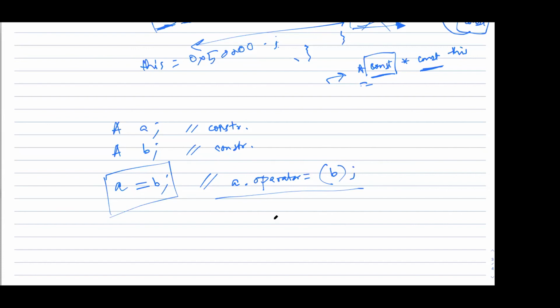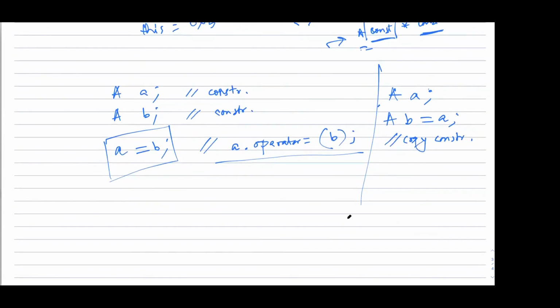Yes, thank you. Okay, and therefore you should not confuse this: if I write A B equal to A, then this is not going to invoke the assignment operator. I'm repeating this just for clarity. Here the copy constructor will get called.